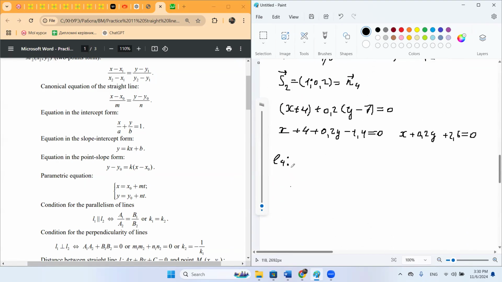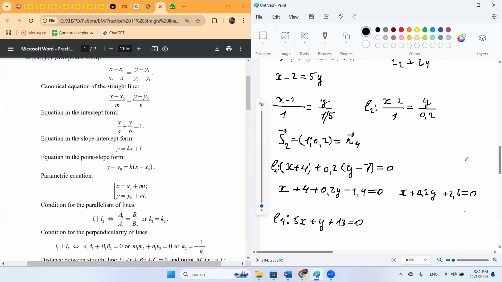Yeah, so correct, this is L4 as well. 5x plus y plus lucky number 13 equals 0.